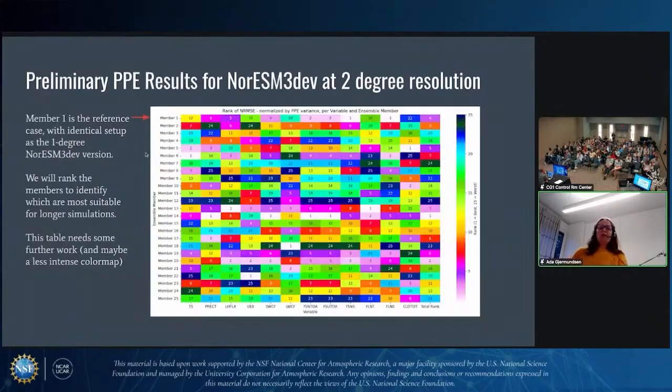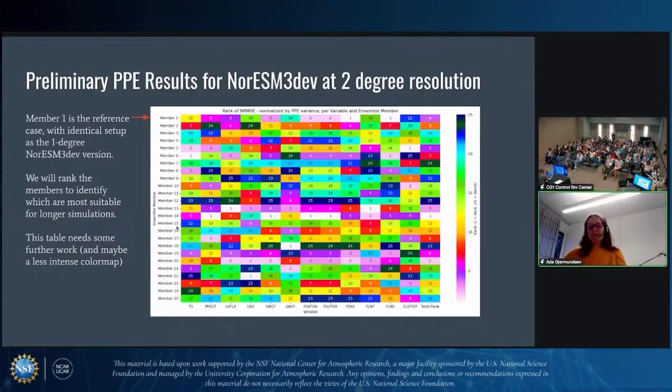So member 1 is the reference, which is identical in setup to the 1 degree version. Then we have all the members below that, and this is a very intense color scheme, I'm sorry about that, but we have ranked them with this normalized RMSE. We want to find members which not all need to be ranked at the top, but they need to span the whole range of model behavior.